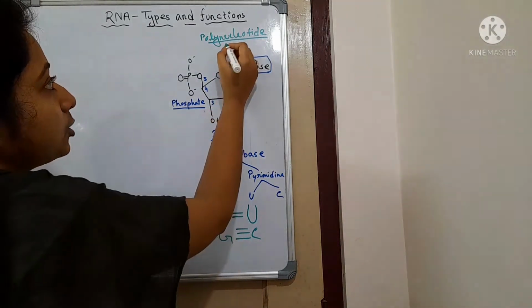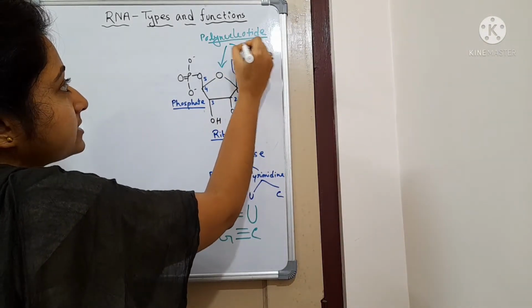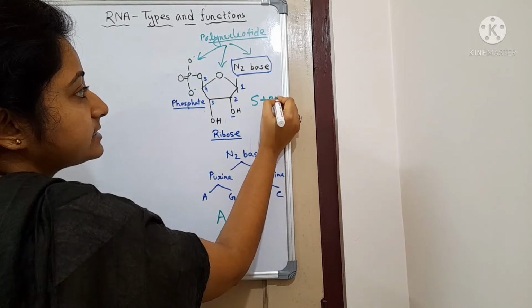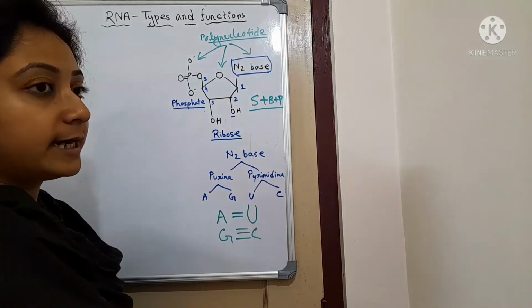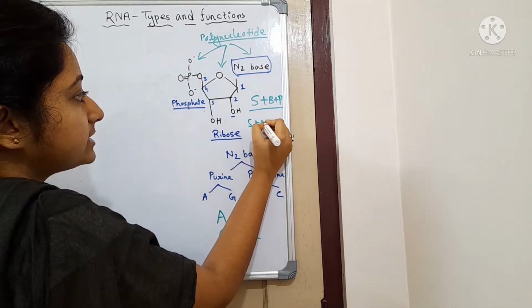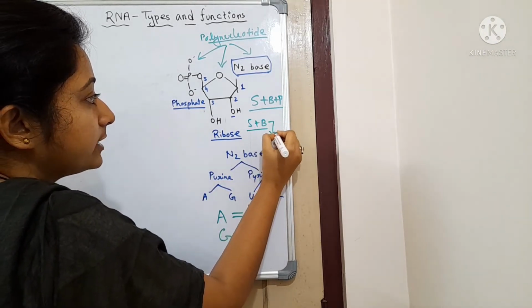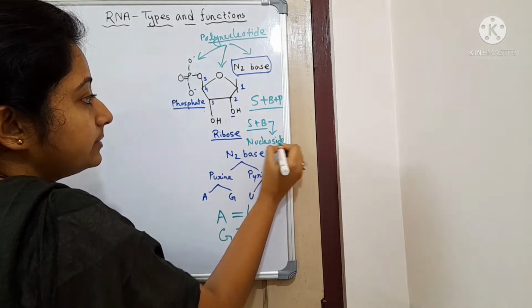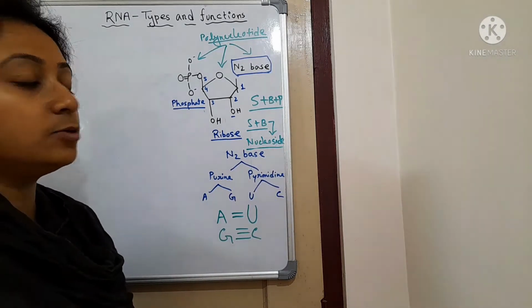So what are the basic components? Sugar, base and phosphate. These are the components of a nucleotide, and when the phosphate is not present, and only sugar and base are present, then this component is considered a nucleoside. I hope the concept of nucleoside and nucleotide is clear.